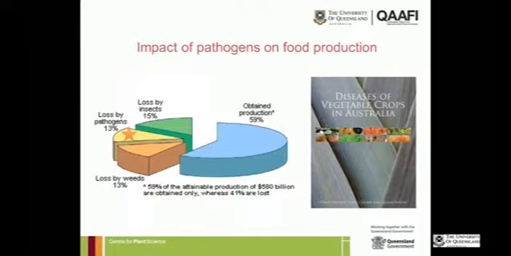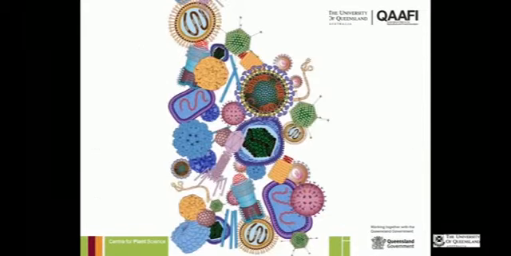Plant pathogens contribute, according to this slide, about 13% of losses to production and quality of many of our fruits, vegetables, and broadacre crops. So they are an important part of the production system to be analyzed.